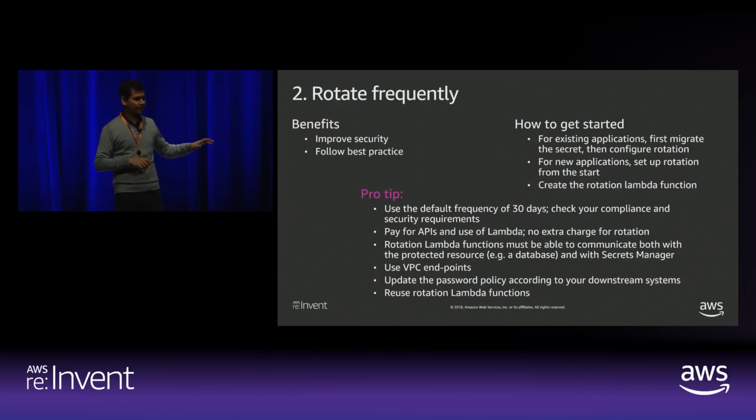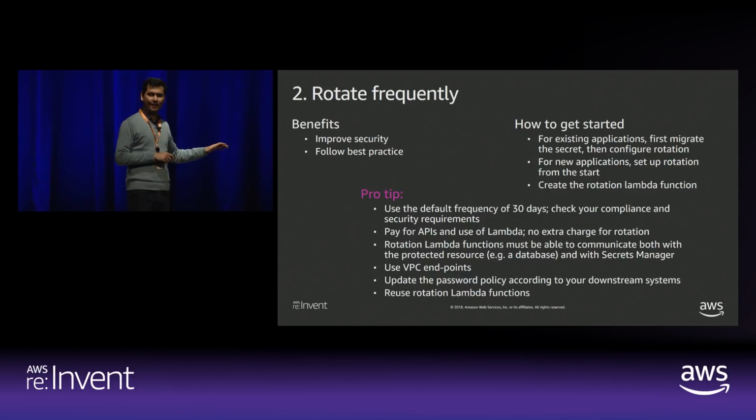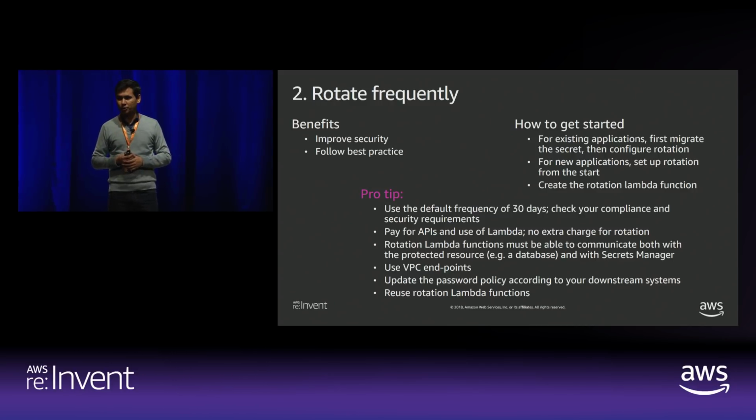This rotation Lambda is also responsible for creating the new credential pair. It does this by calling the getRandomPassword API. Now, by default, Secrets Manager will create the most complex password possible. But you may have scenarios where you want to use simpler passwords. So, for example, you may have a legacy application that does not support special characters in the password field.